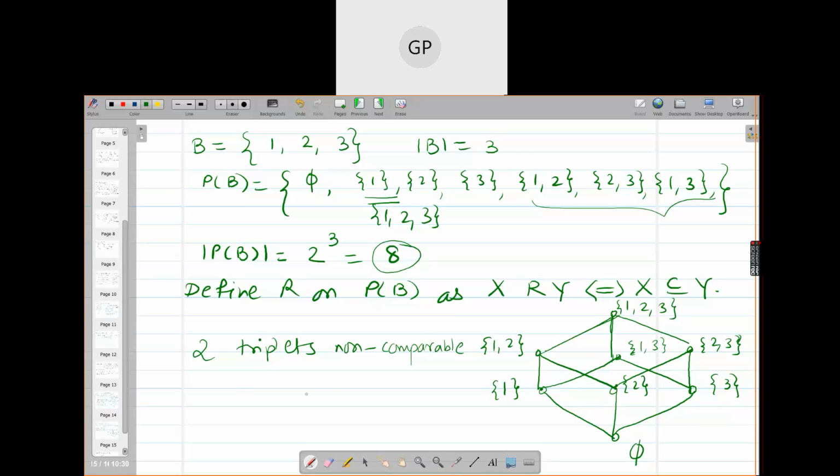Two triplets are non-comparable. The first triplet is 1, 2 and 3, and the second triplet is 1, 2, 1, 3 and 2, 3. These triplets are not subsets of each other. Okay. So they are non-comparable.